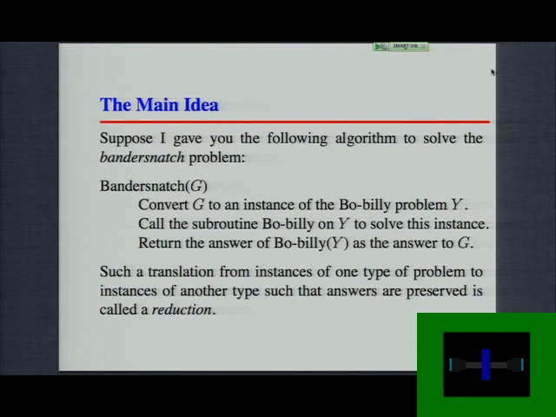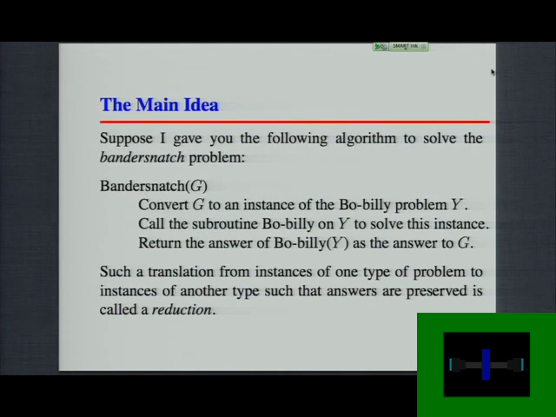And if it's slow, why is it going to be slow? Returning an answer is just printing something out. That's not going to be slow. The translation might be a reason it was slow, but I've described how to do the translation. Suppose the translation is not slow, and Bandersnatch has to be slow. The only thing that can be slow is mobility.